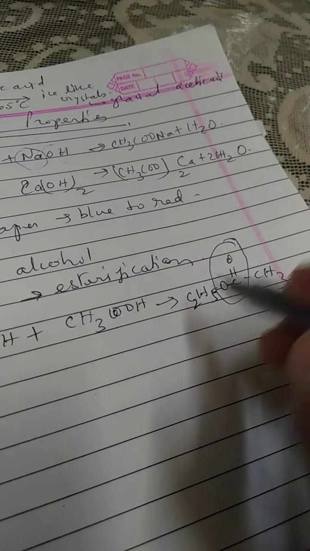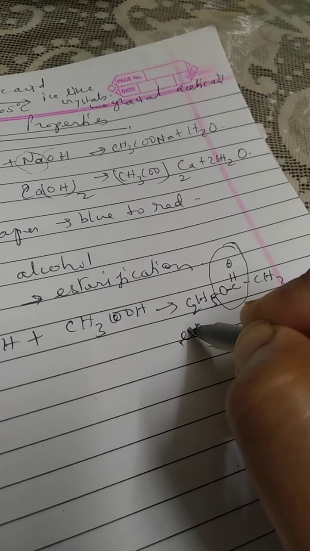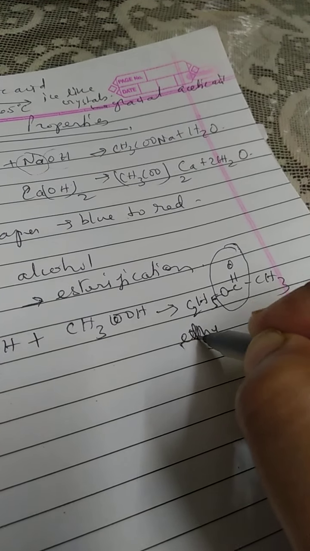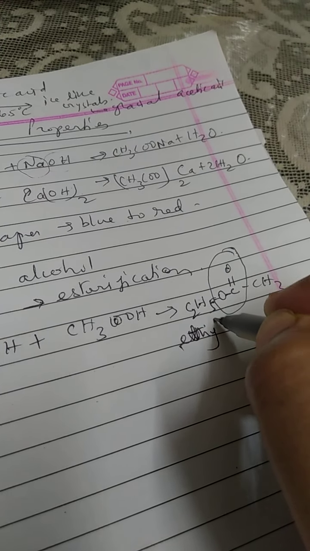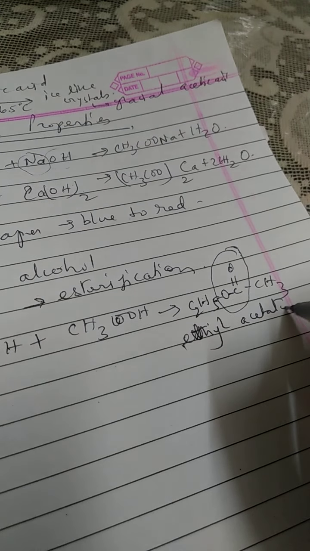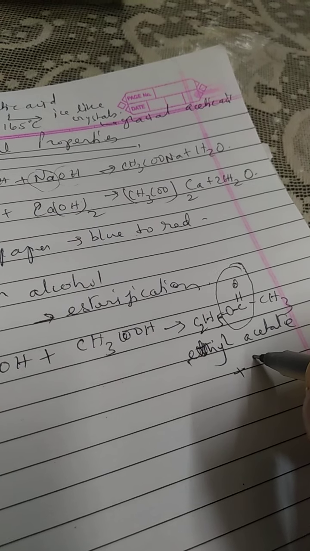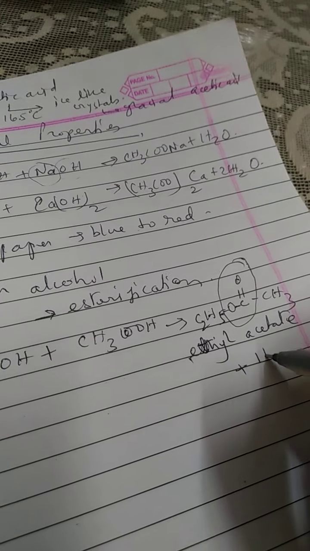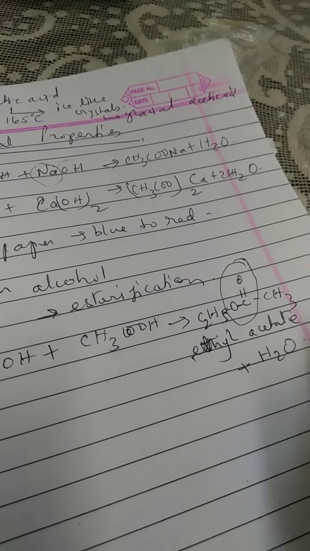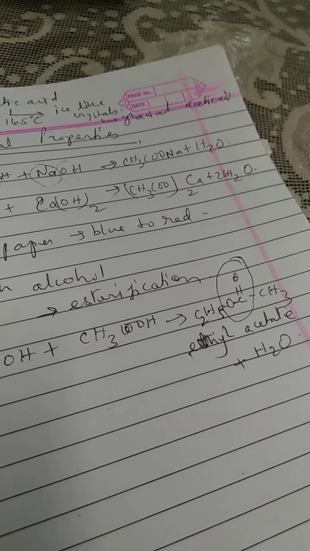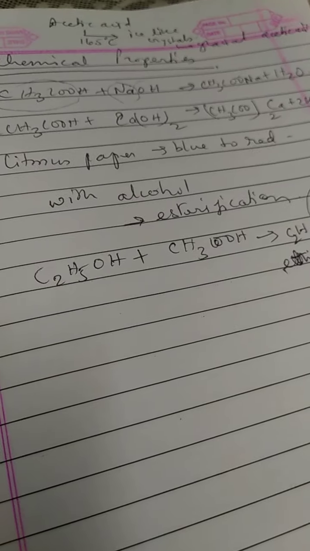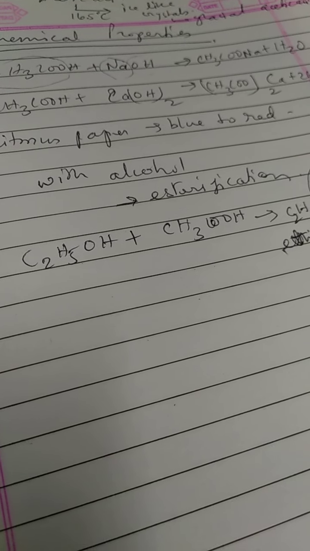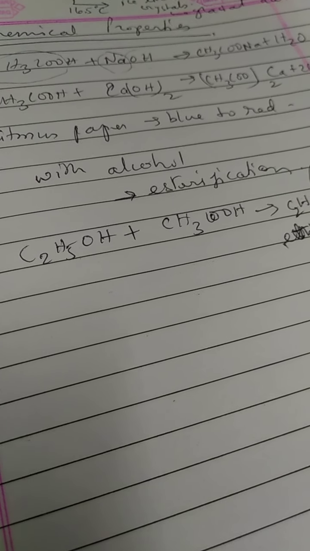So ethyl acetate is formed. It has a very fruity smell, and this is a test for alcohol, or we can say this is a test for acetic acid.